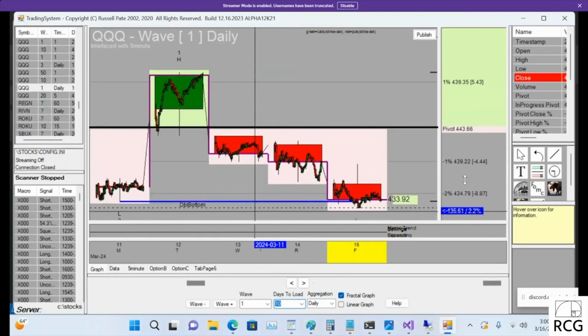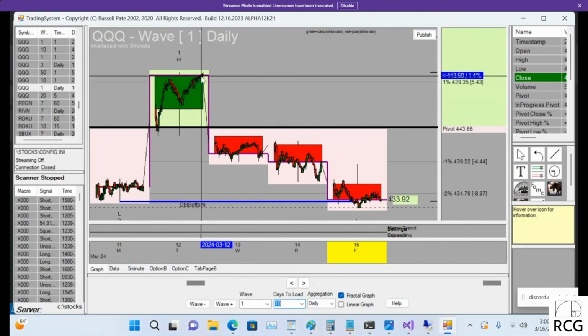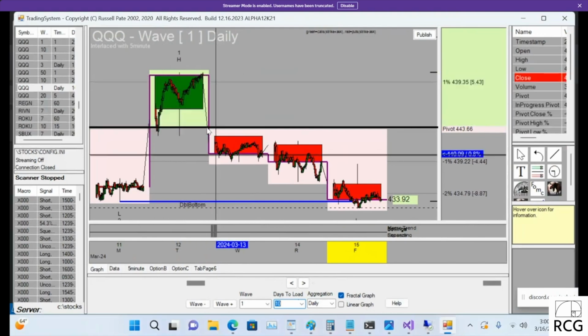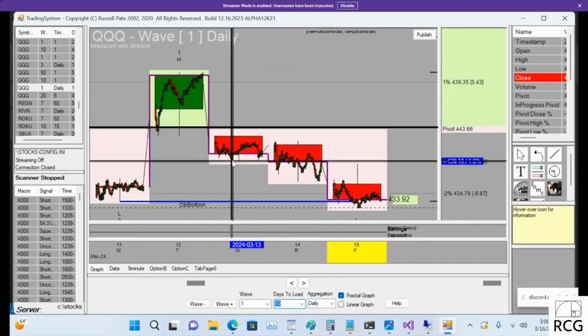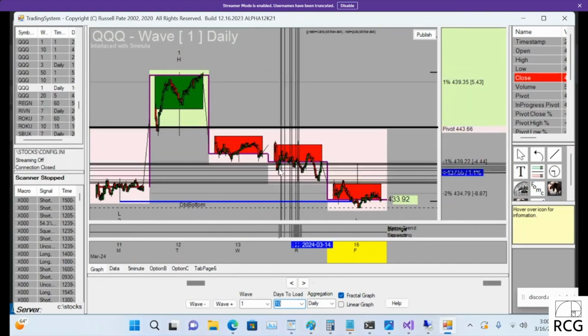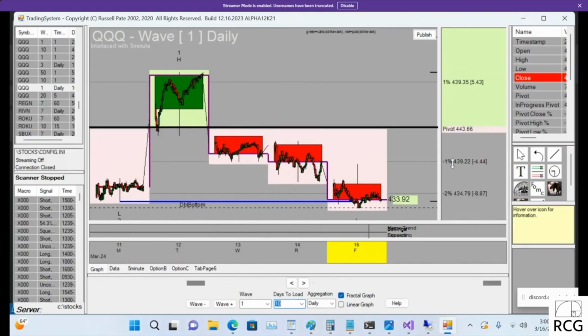So you can see more and more how the daily candles are being built up. And it's funny, you can see these M patterns that are actually created. Like here, it's the same patterns over and over, in different ways.